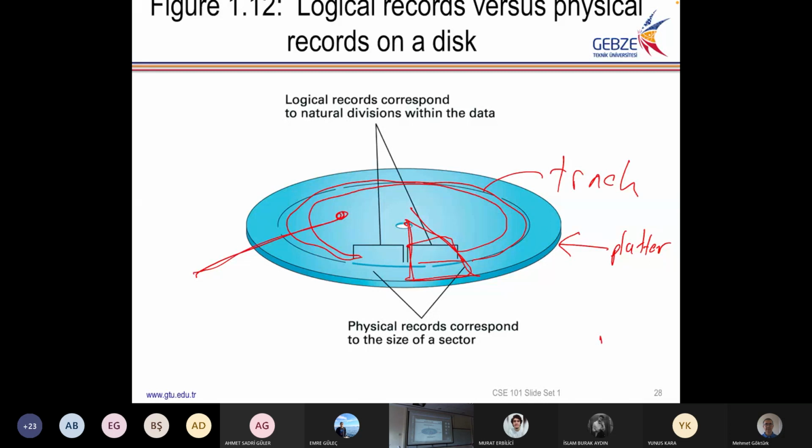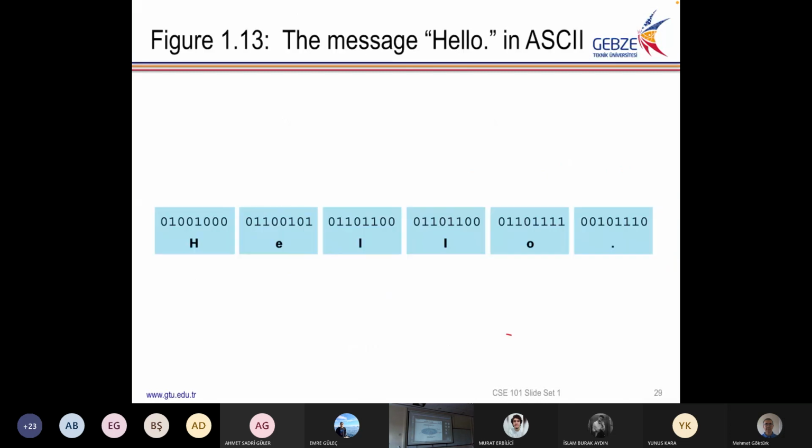So your question, the word hello in a coded form in the memory. H has a corresponding code like this. E has a code. These have corresponding codes, and then when you store that in the memory, it becomes hello.